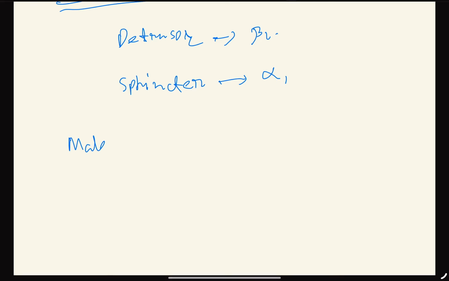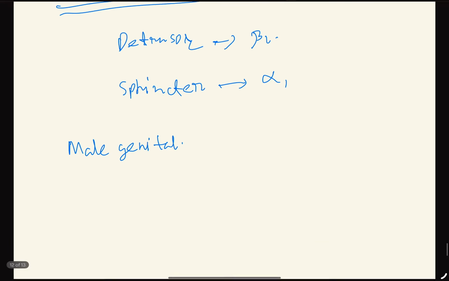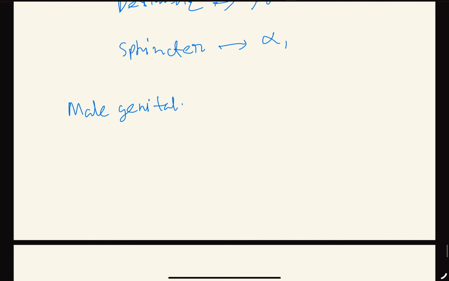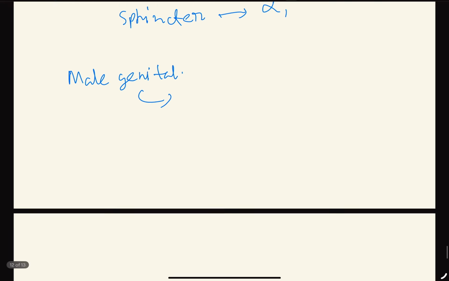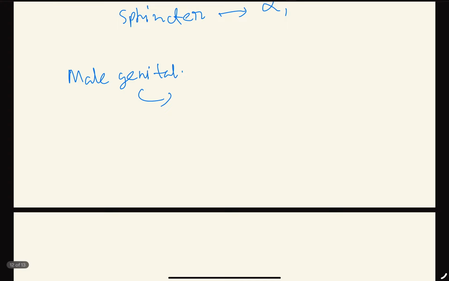In the male genital tract, there are two things in the main genitalia: erection and ejaculation. Erection is maintained by the parasympathetic nervous system, and ejaculation is done by the sympathetic nervous system.